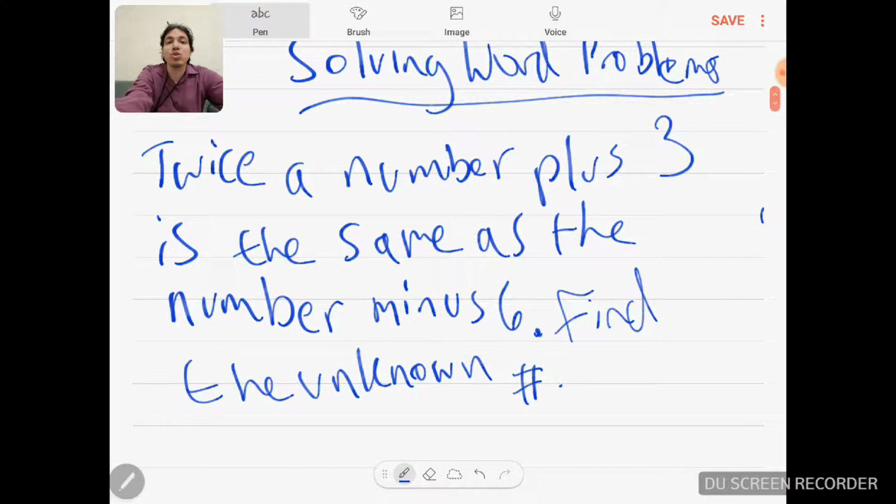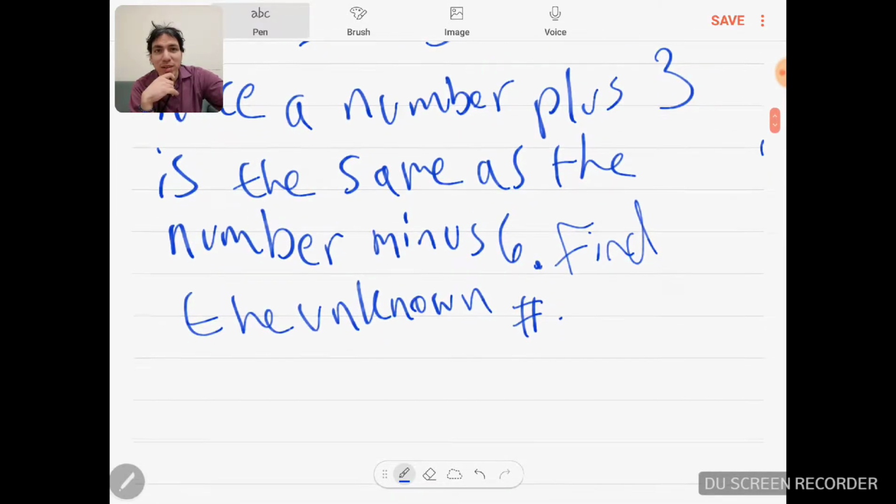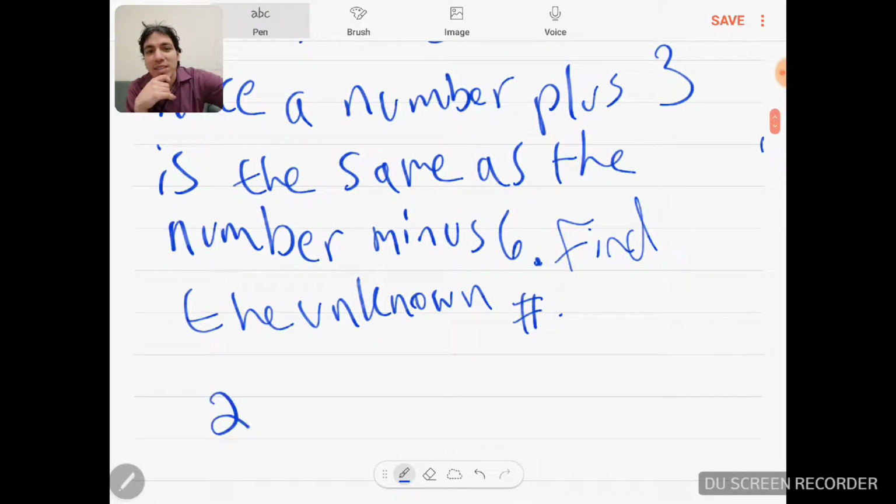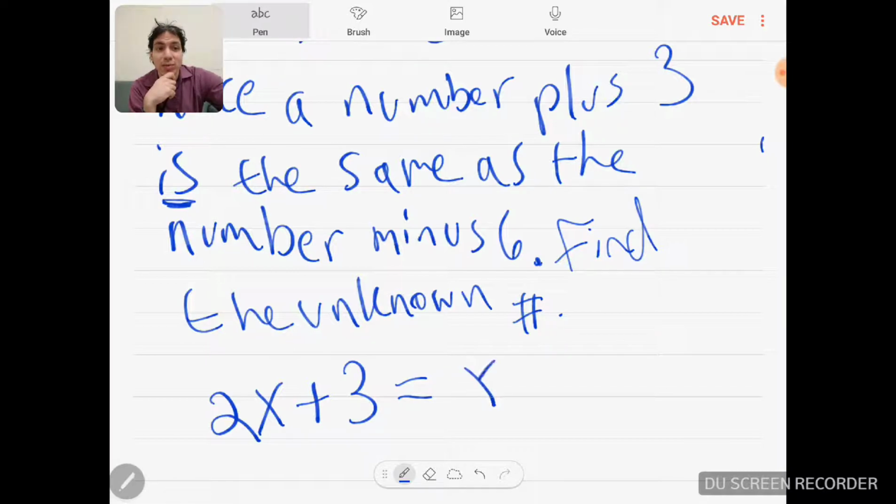So the problem says twice the number plus 3 is the same as the number minus 6. Find the unknown number. So essentially, when you think about it, twice a number, we just use x as an unknown, plus 3, and if you remember the word is means equal sign, is the same as a number minus 6.